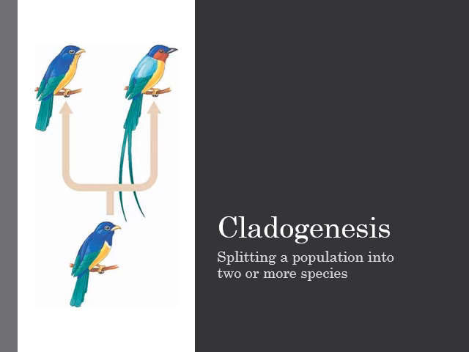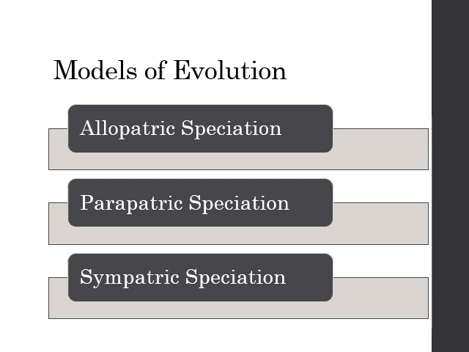Here we start off with an ancestral bird, and that ancestral bird undergoes cladogenesis to become two distinct groups. This can happen in one of three ways: allopatry, parapatry, or sympatry. So allopatric speciation, parapatric speciation, and sympatric speciation.